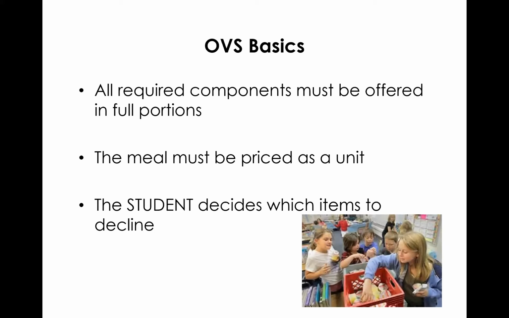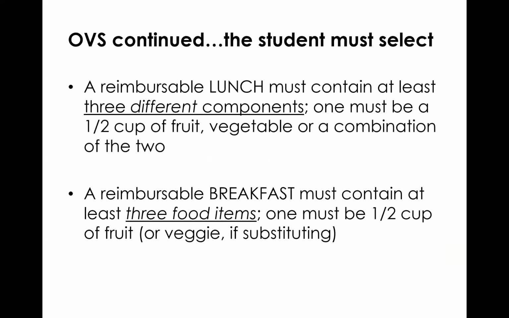So at lunch, a reimbursable lunch under offer versus serve must contain at least 3 different food components. And one of those must be, at a minimum, a half a cup of fruit, vegetable, or a combination of fruit and vegetable.